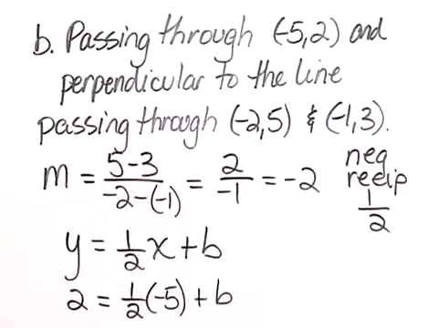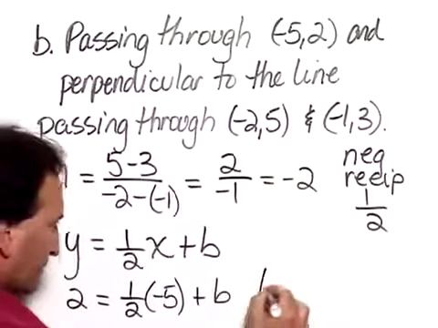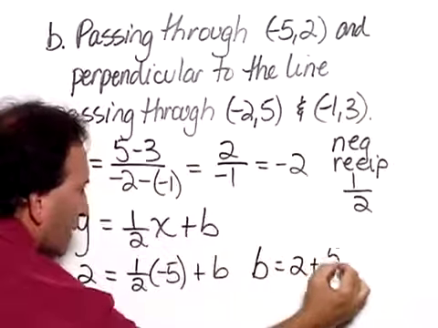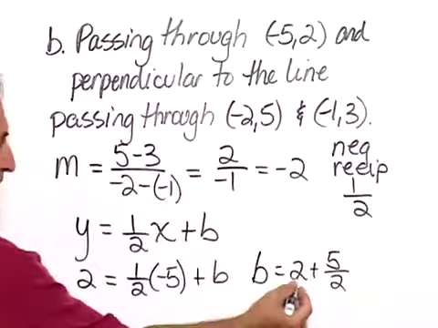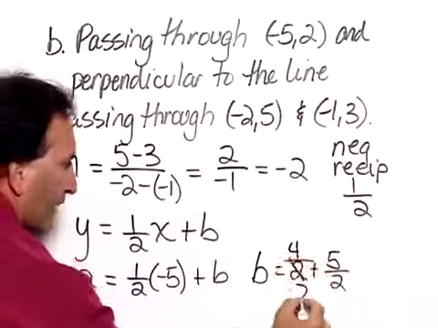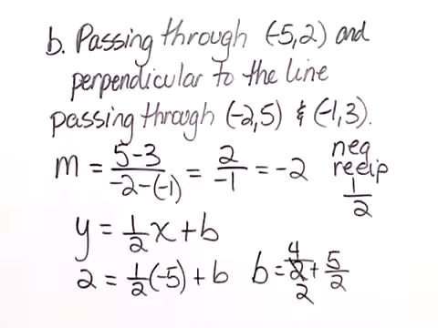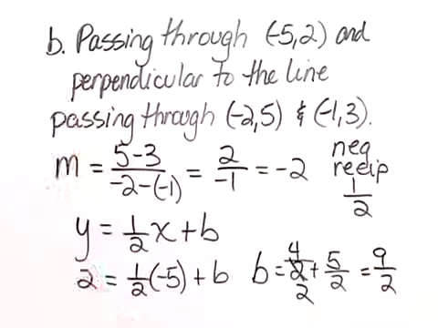We now solve for b. 1/2 of -5 is -5/2. We would have to add 5/2 to both sides, so that would give us b equals 2 plus 5/2. We need to change 2 into the fraction 4 over 2 so that we can add these together, which gives us 9/2.